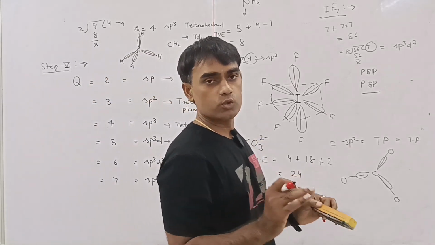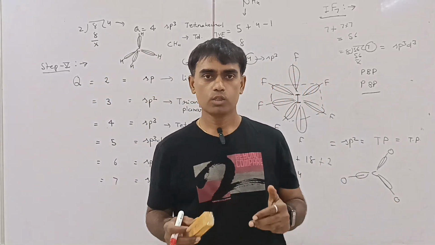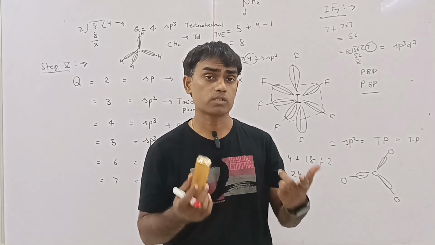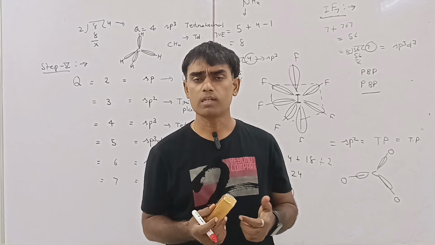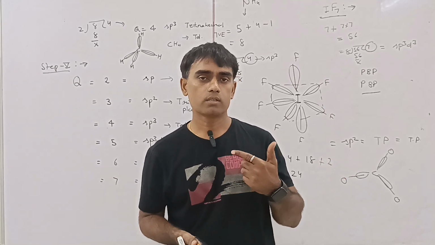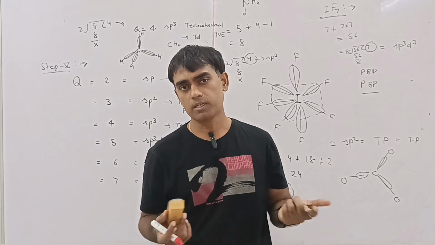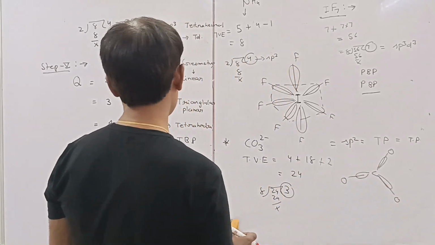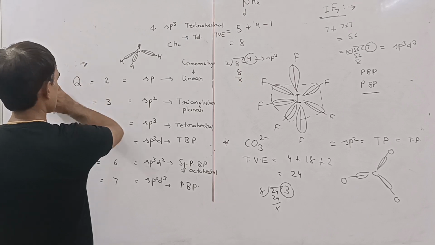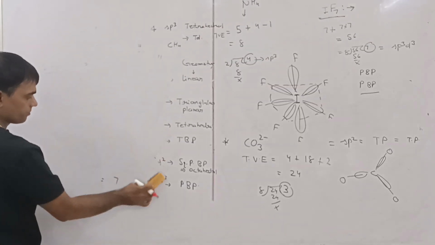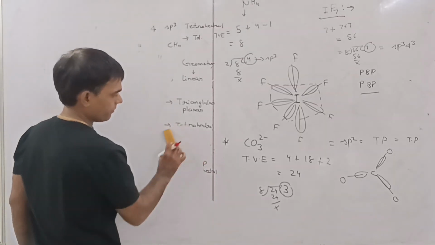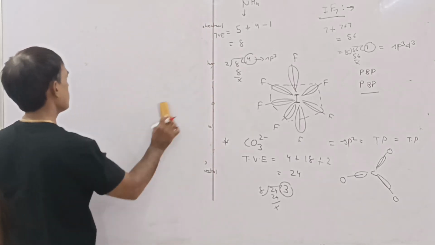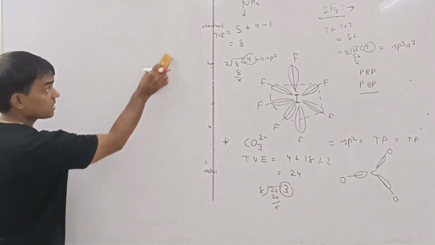So this trick is very useful. I have applied it to more than 600, even 700 molecules, a large number of molecules, whether neutral, cation or anion. Any molecule having a central atom, we can find the type of hybridization, geometry and shape using this trick.